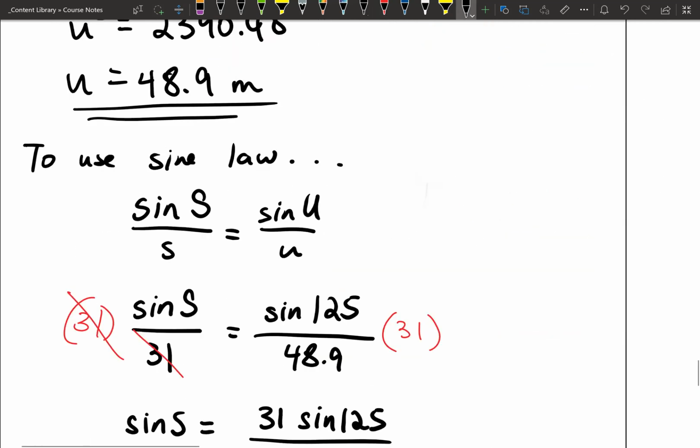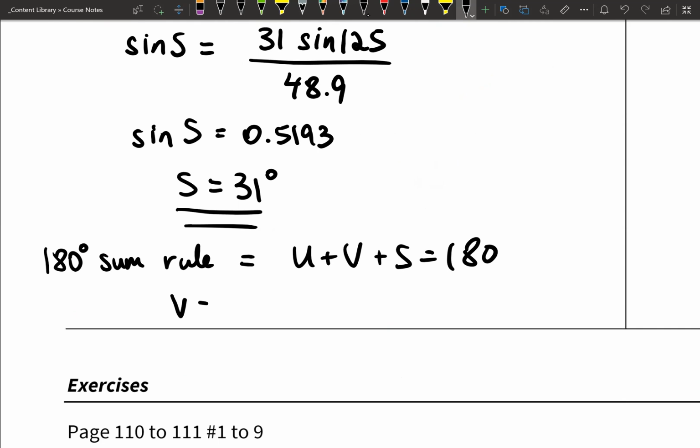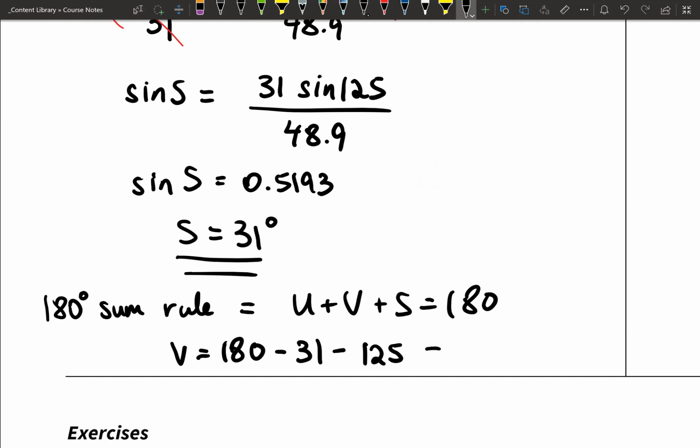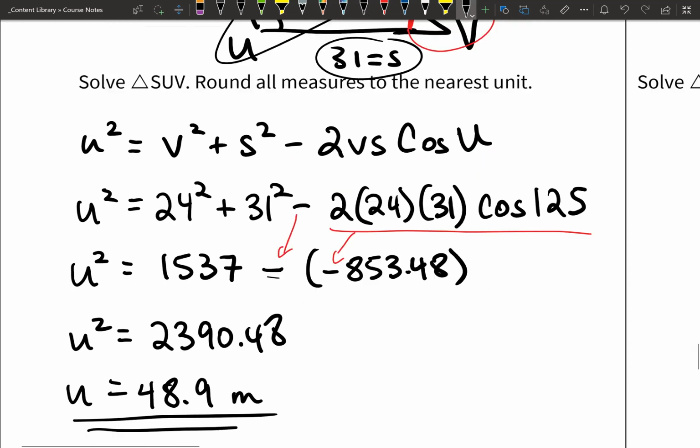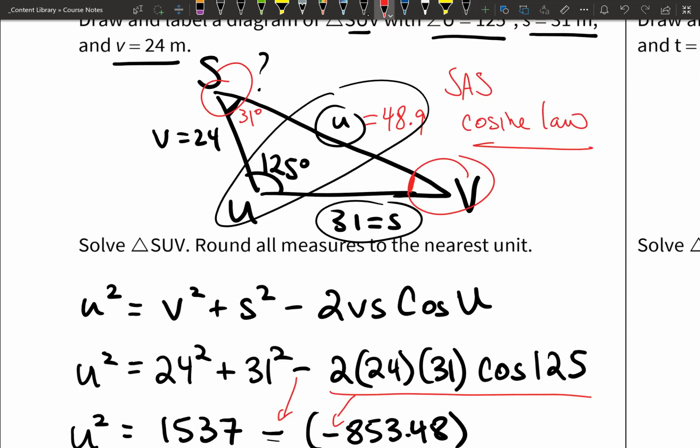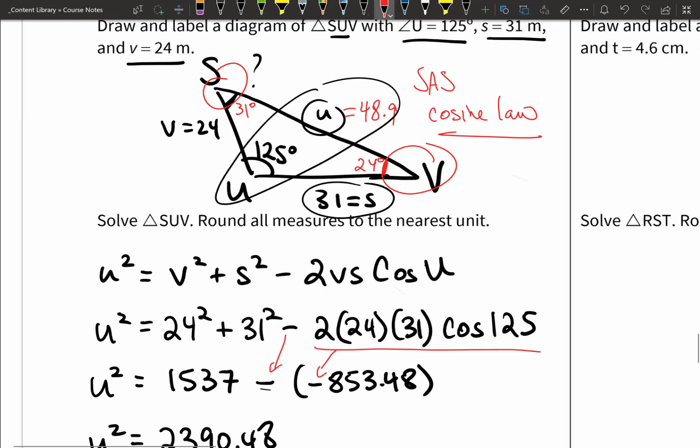So angle V is going to be 180, take away the 31 degrees for S, and take away the 125 degrees for angle U. So we do 180 minus 31 minus 125, and that's 24 degrees. Okay, and so that's angle V, and that's the third piece. And now we have everything in our triangle solved. We have all three sides and all three angles.